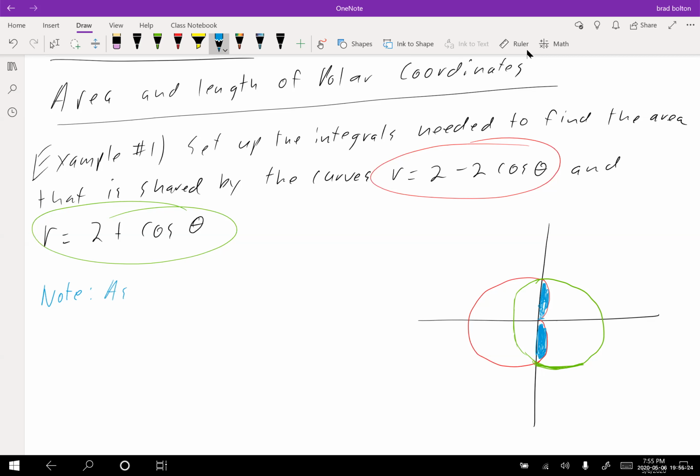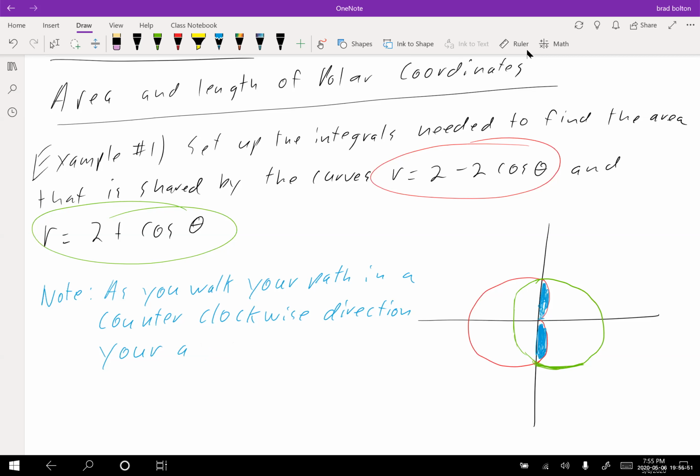So as you walk your path in a counterclockwise direction, your angle should be increasing.